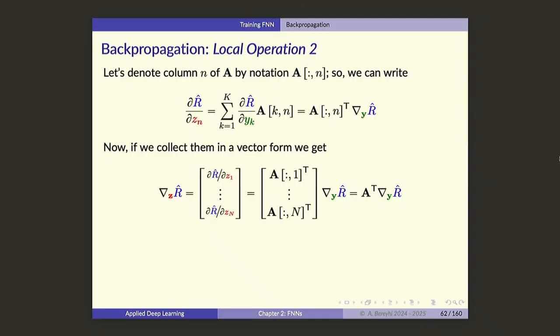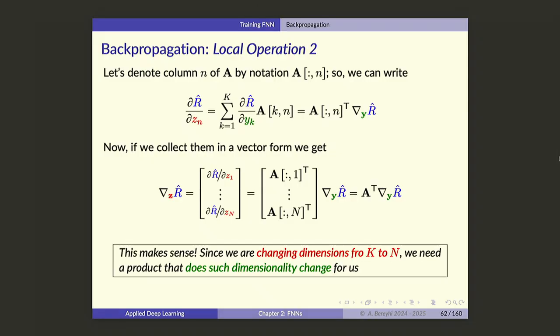So you can always do the math, but as I said, you can immediately see it if you just compare the vectorized form with the scalar form, and then you can always figure out what kind of product you need in order to keep the dimensions correct. Everybody's cool? Questions? No question? OK.